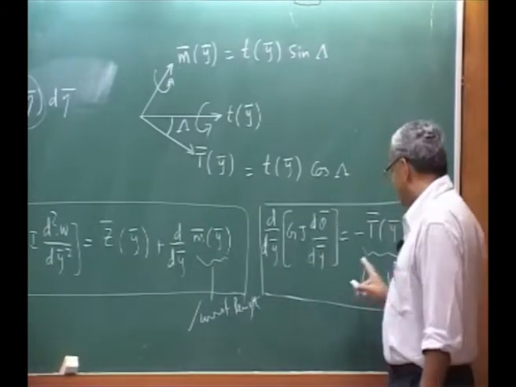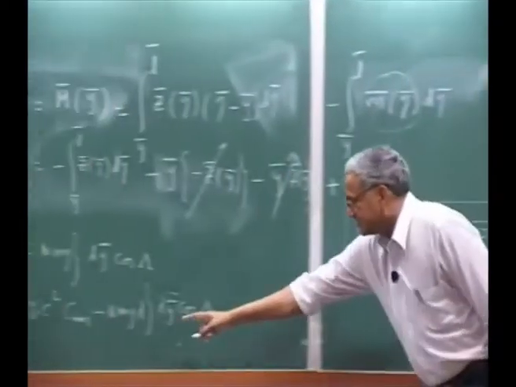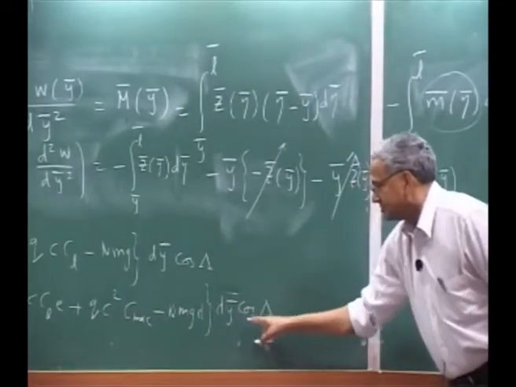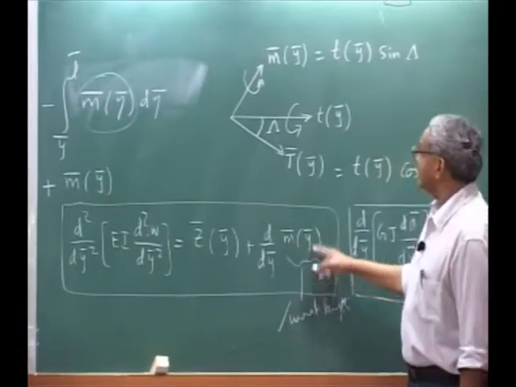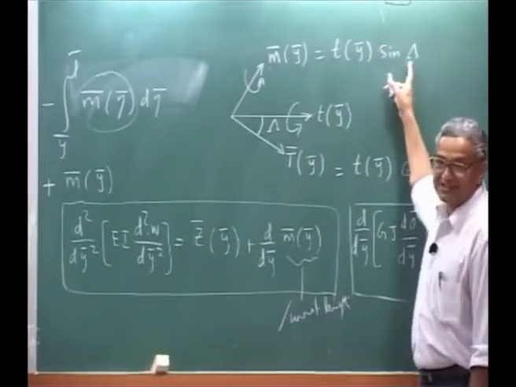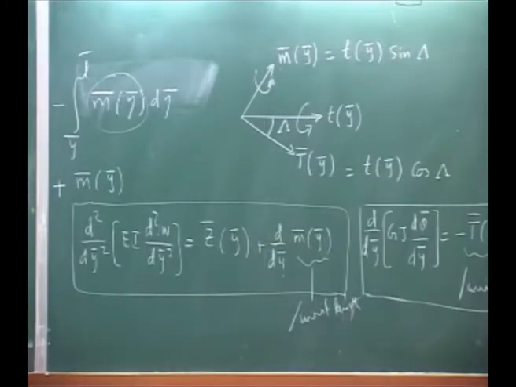Okay, so my twisting moment is essentially this term with cosine square lambda, and my m bar y bar will be sin lambda cos lambda.